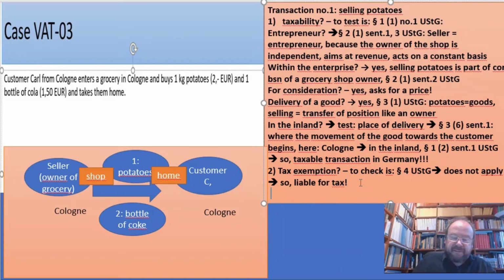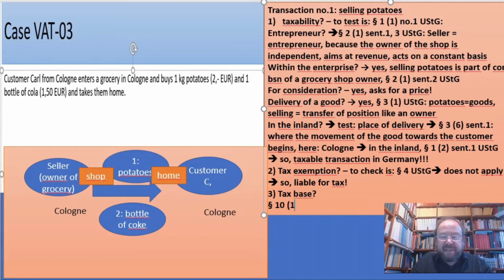So what comes after question 2? Question 3, tax base. Well, usually paragraph 10, 1 sentence 1, 2, the net amount. And the net amount is all what the seller receives.